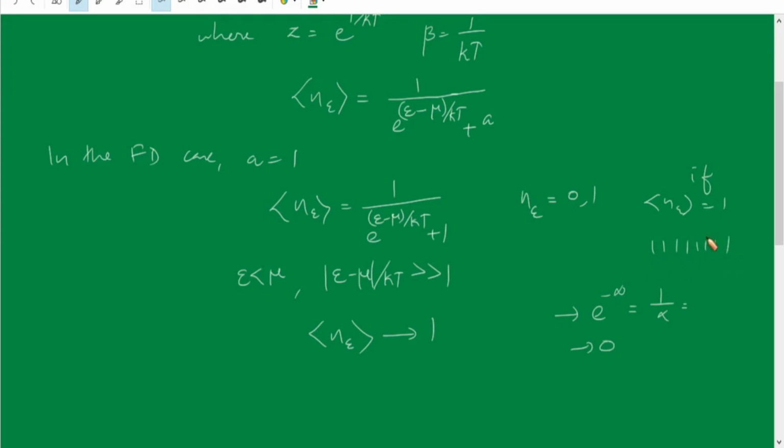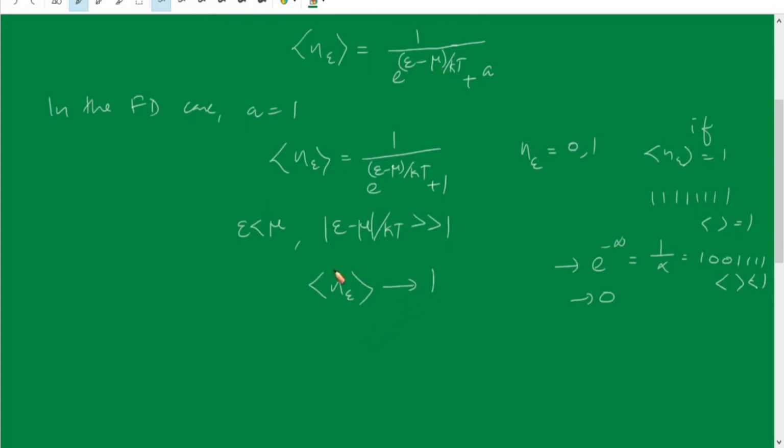Then if you take the average of all these ones, you get average equal to 1. If some 0 comes here, then the average is less than 1. So the maximum value of 1 is obtained when this happens.